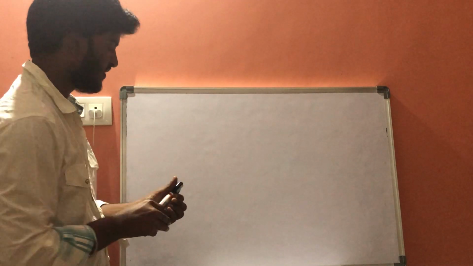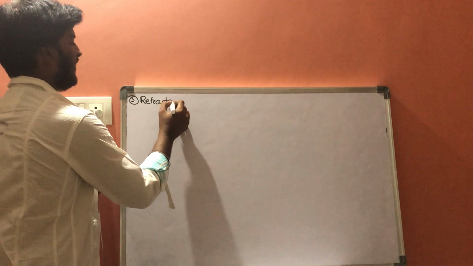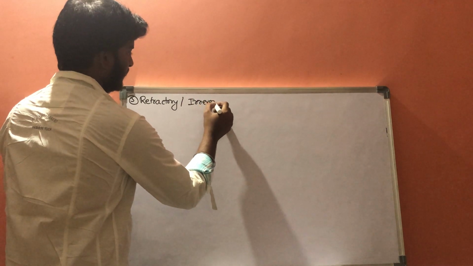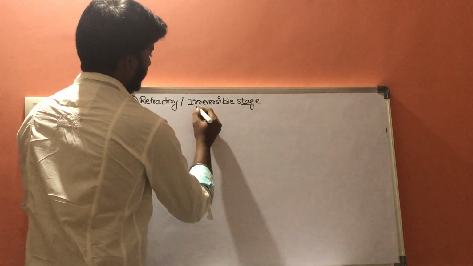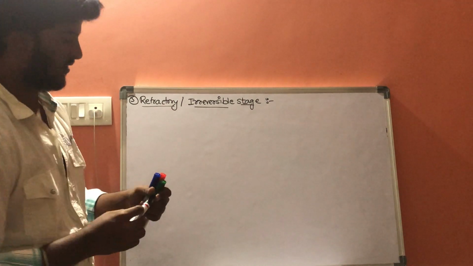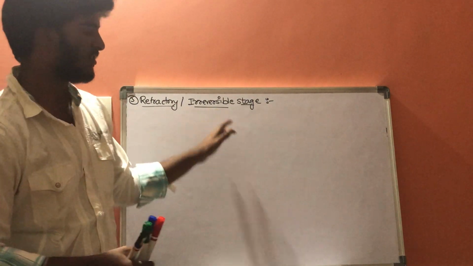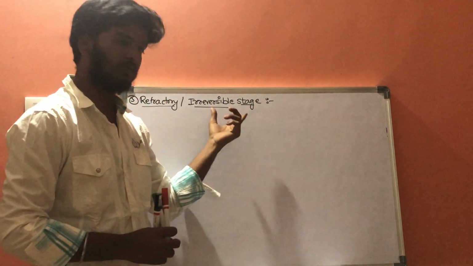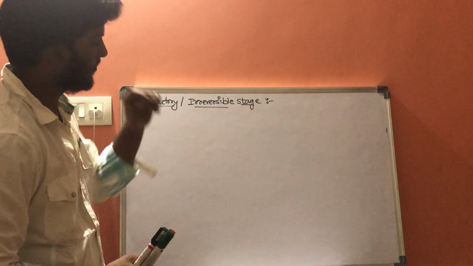Now the last stage, that is the refractory or irreversible stage. Whenever the person enters into the irreversible stage, there is no chance of the person surviving. There is 100% death of the person. So what are the characteristic features of the irreversible stage?